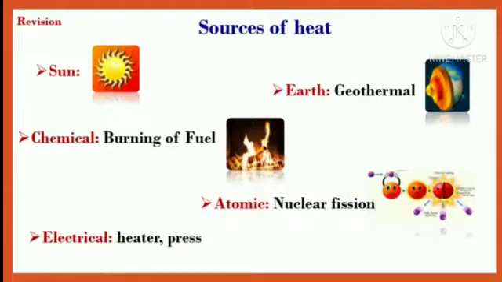Now, we will see which are the sources of heat. First one, sun. The sun is the biggest source of heat received by the earth. A large amount of heat is generated due to the nuclear fusion taking place in its center.